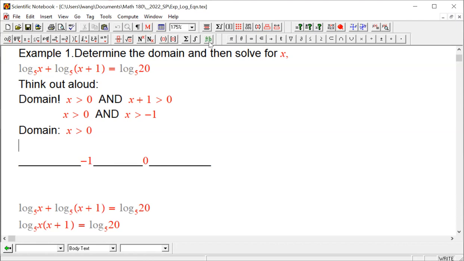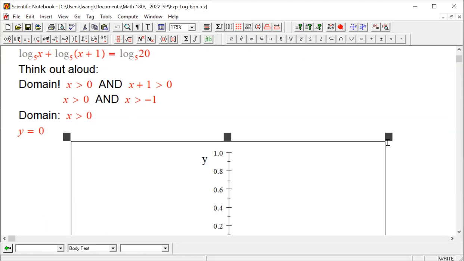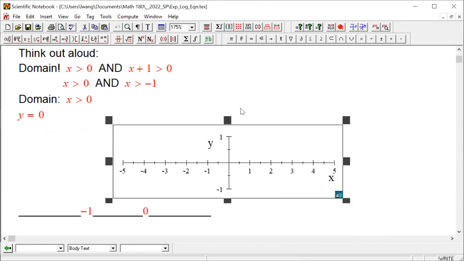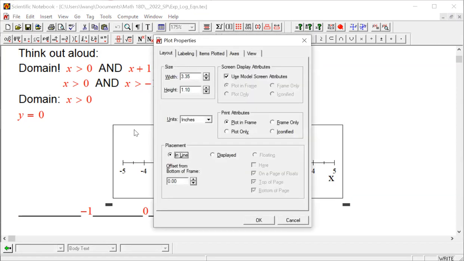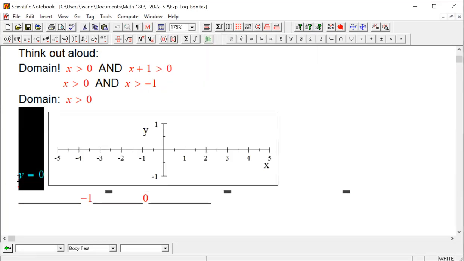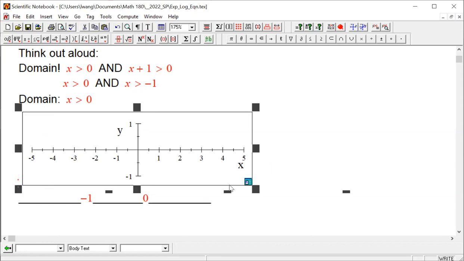I'm going to set up the rectangular system, so we want to make this picture more durable. We don't have to move it all the time. We want x to be larger than 0.